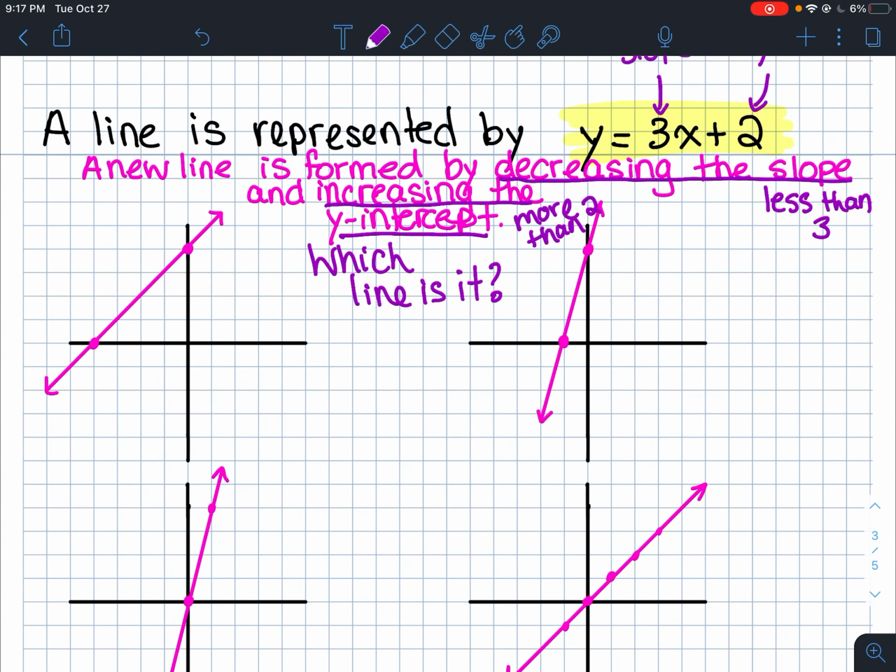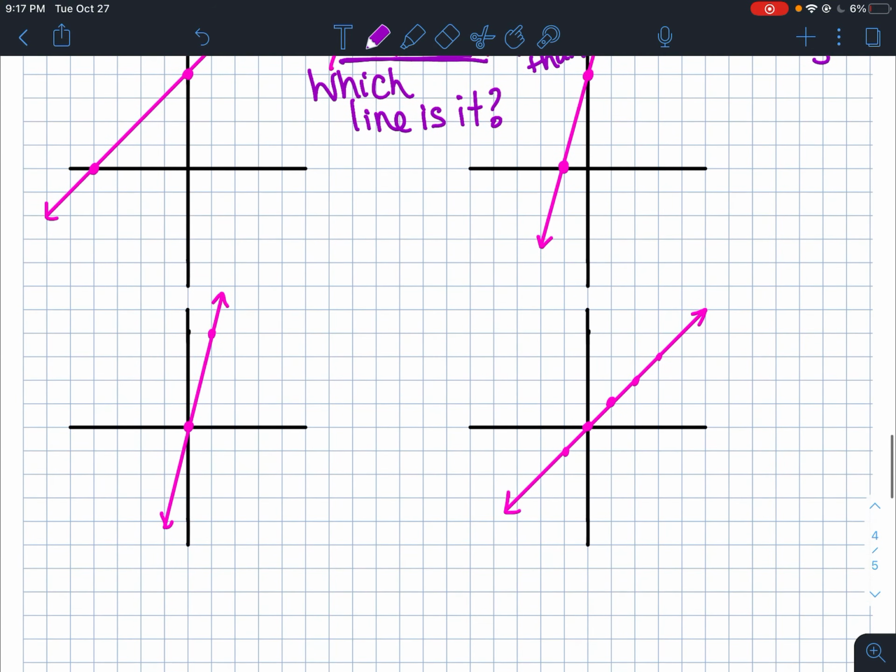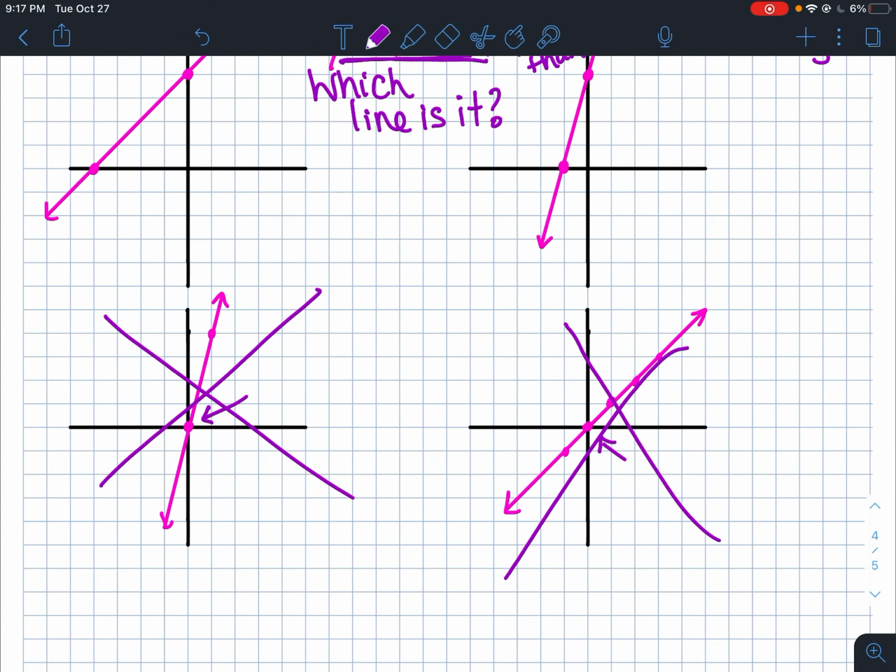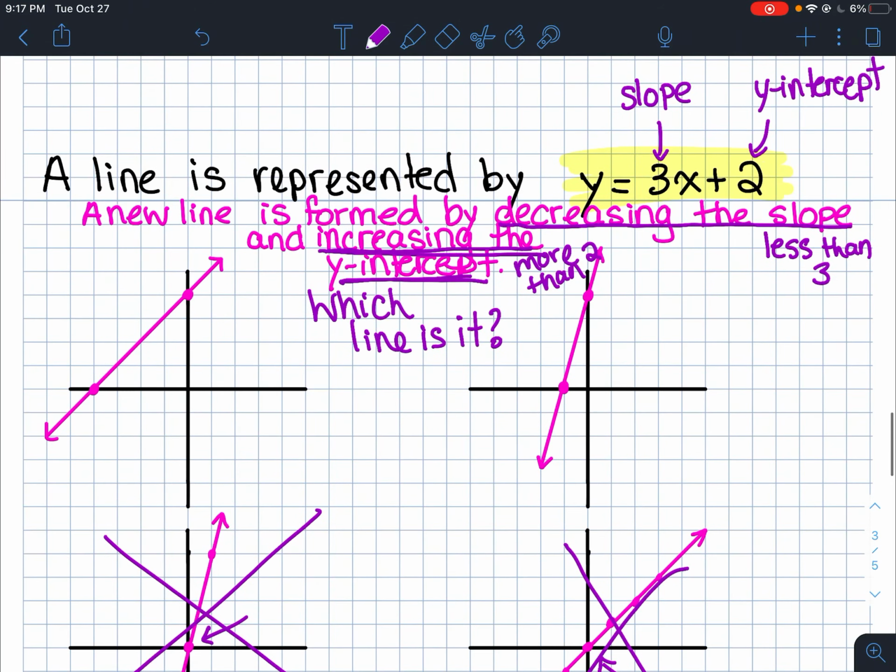This y-intercept is 0, so it can't be this one. This y-intercept is also 0, so it can't be this one either. So we eliminated 2 right off the bat. This y-intercept is 1, 2, 3, 4. And this one is 1, 2, 3, 4. So it could be either of those. Now we have to make sure the slope is less than 3, because it said they decreased the slope.